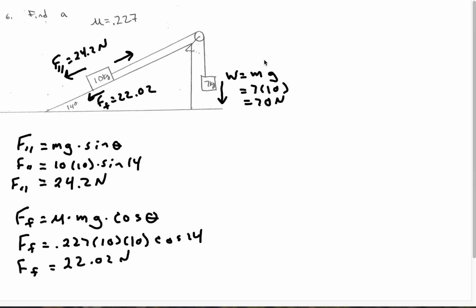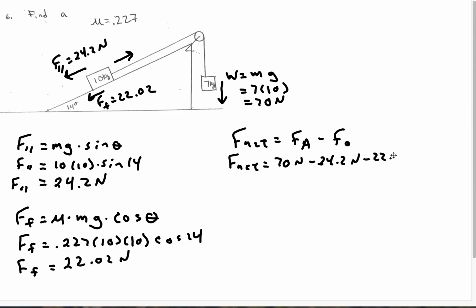That's our applied force. So when I look at the net force, that's all of the applied forces, all the forces trying to make it go faster, minus all the opposing forces, the ones trying to make it go slower. And so this would be 70 newtons minus 24.2 minus 22.02.